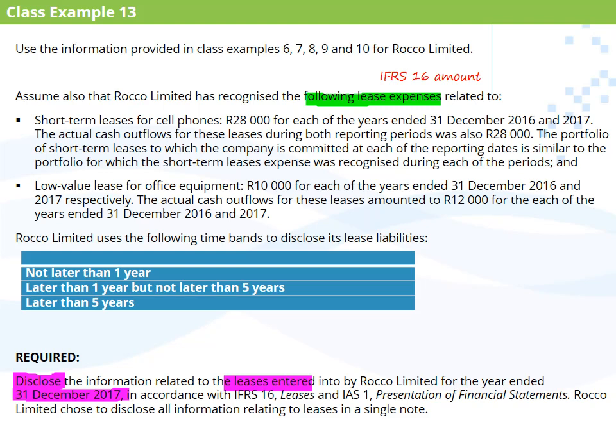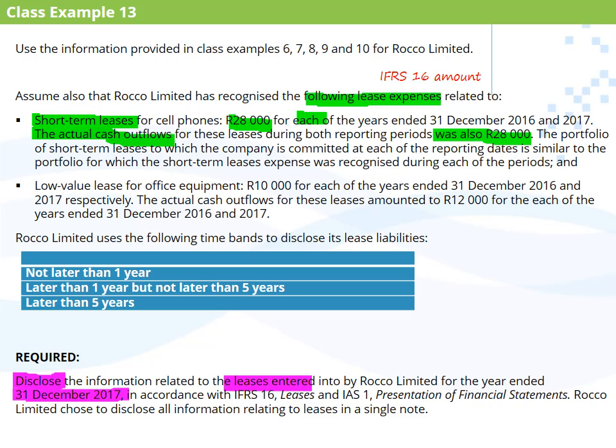So the following lease expenses were recognized. There were short-term leases for cell phones. The expense was 28,000 Rand for each of the years ended 31 December 2016 and 31 December 2017. The actual cash flows was also 28,000 Rand.